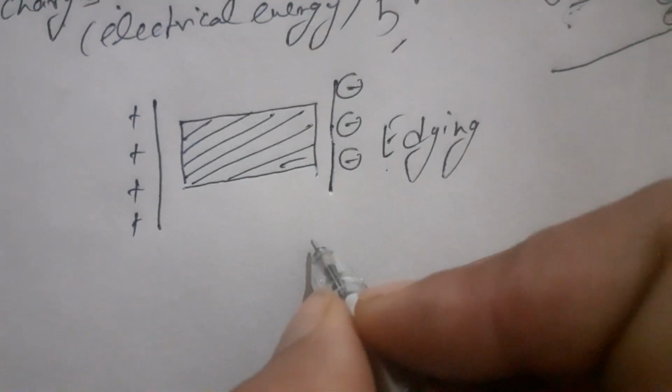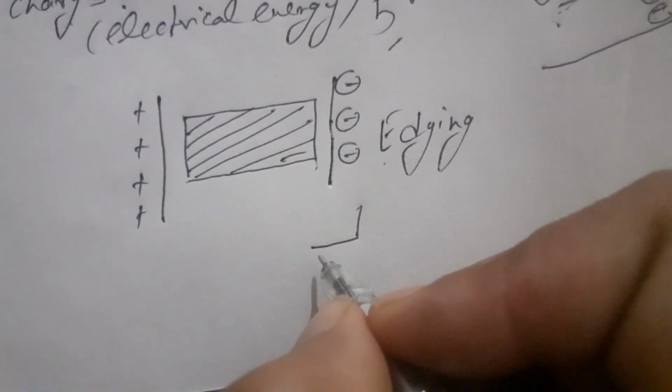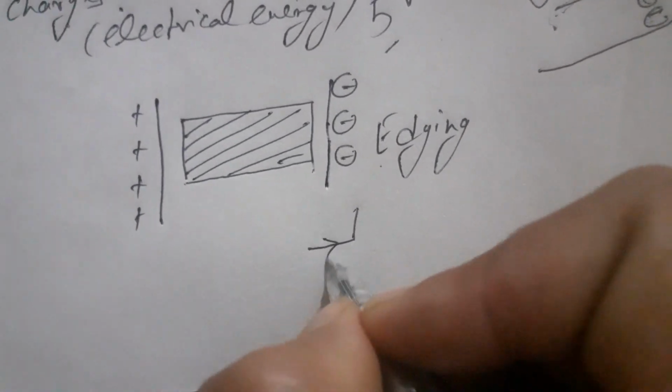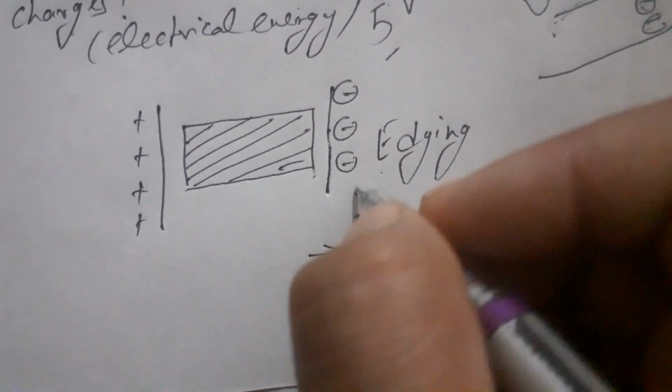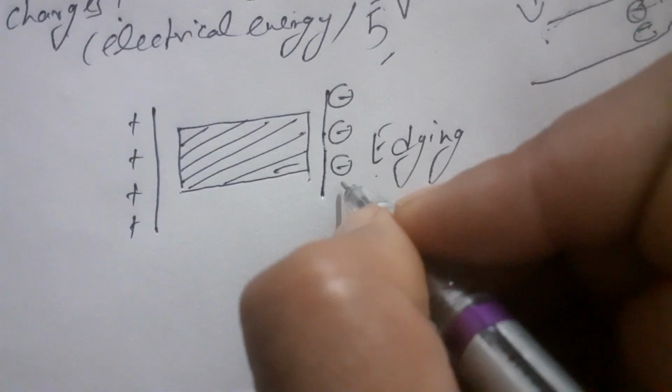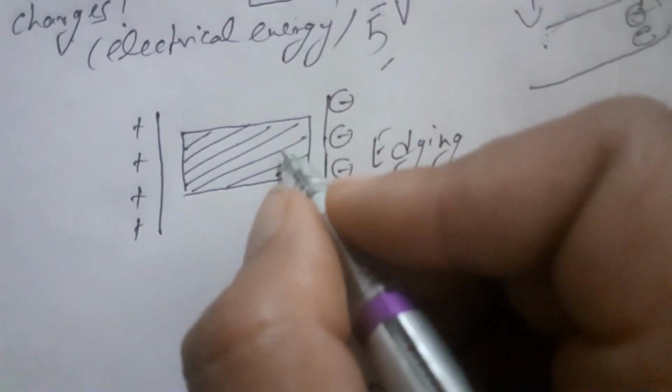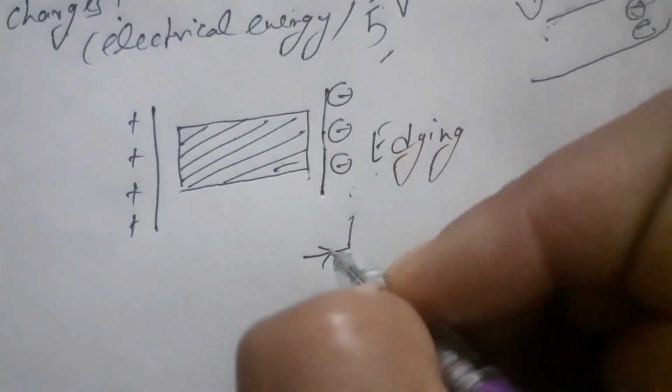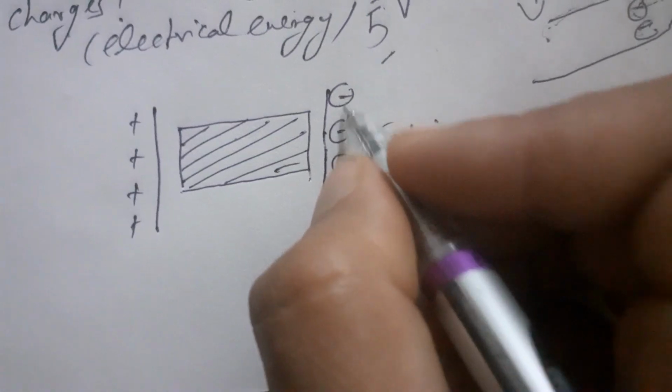So voltage is continuously passing from here, and the electrons are getting stored. The dielectric material is not letting them pass, so electrons are stored.